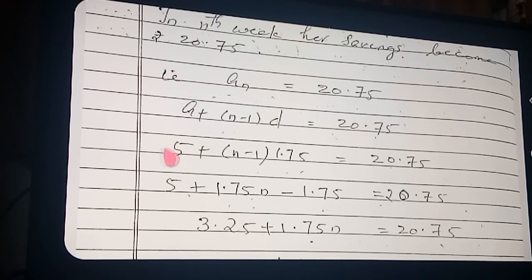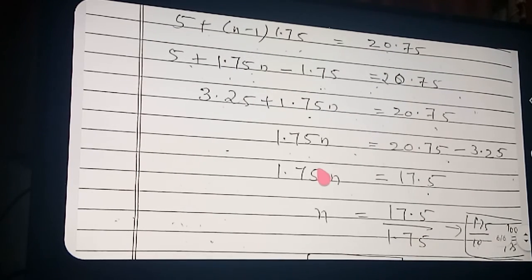Okay, calculate now. Apply the value of a and the value of d here. So 5 plus 1.75 n minus 1.75 is equal to 20.75. You calculate yourself. So 5 minus 1.75, how much is coming? 3.25 plus 1.75 n is equal to 20.75.